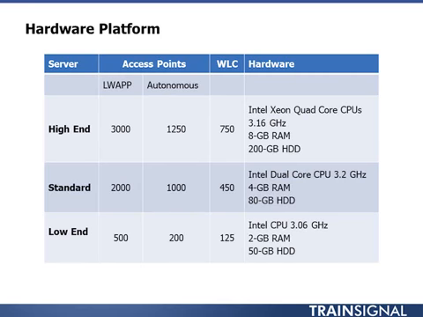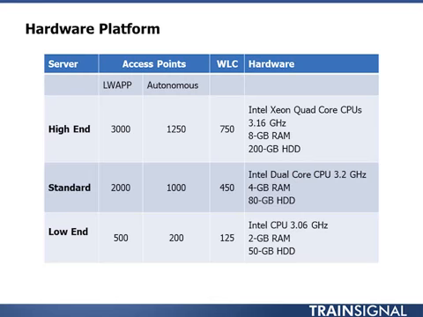So a low end server has a 3.06 gigahertz CPU, 2 gig of RAM with 5 gig of hard disk drive space. If you go up to the standard model, you'll see the number of access points supported goes from 500 to 2,000 if they're lightweight, just 1,000 if they're autonomous mode, and it takes the wireless LAN controllers from 125 to 450. As you'd expect, you need a bigger processor to manage that.